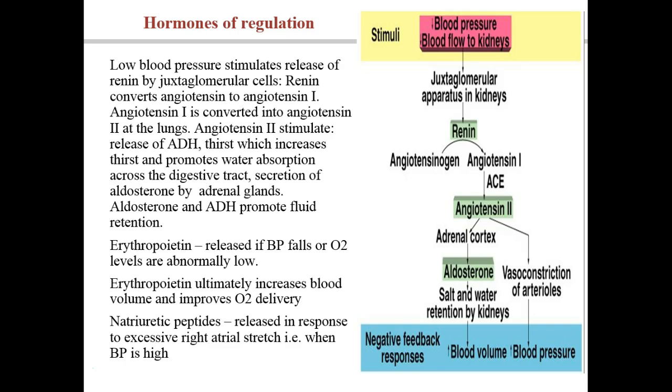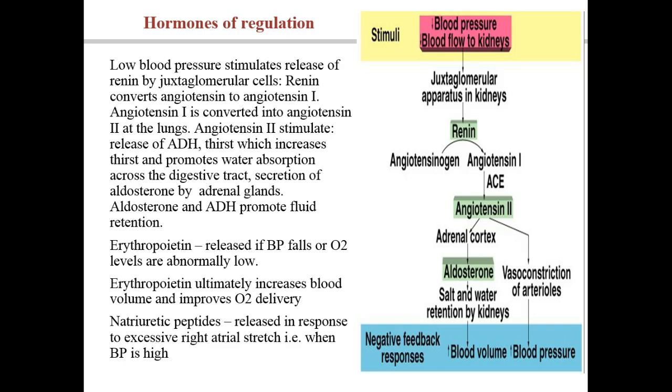But you also have this secretion of aldosterone, because we are basically talking about hormones and their regulation of blood pressure. If you have more blood volume, you're going to increase blood pressure, and that's the idea behind promoting water reabsorption. Aldosterone by the adrenal glands, again, another hormone. Both aldosterone and ADH promote fluid retention.